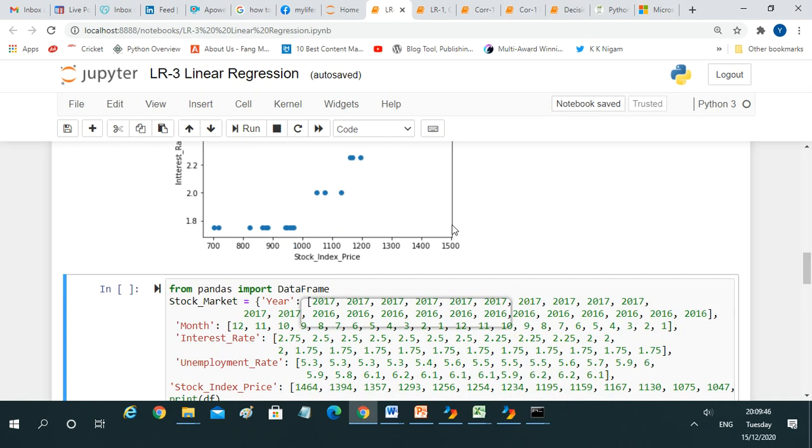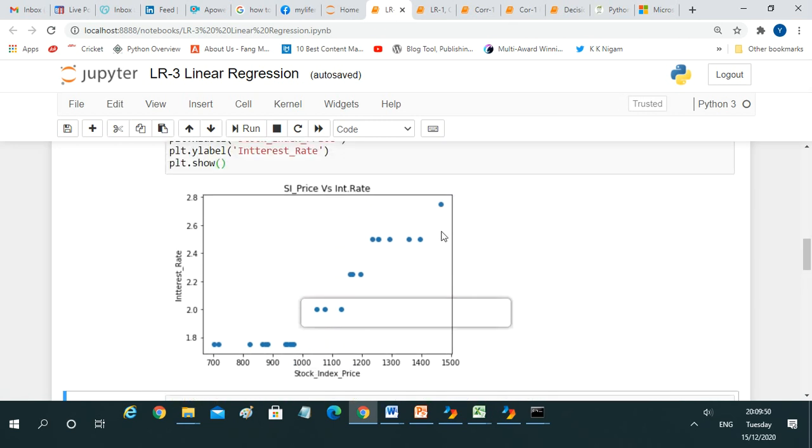So you can see that there is some kind of stability, and then there is a change, then again there is a change here. So the title is stock index price versus interest rate, and on the y-axis we are having the interest rate, on the x-axis we are having the stock index price.